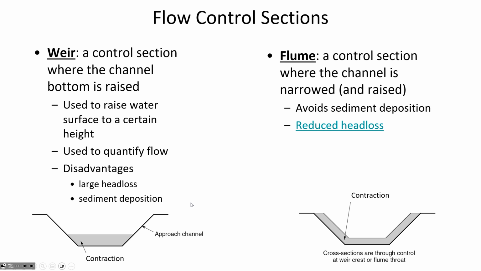But it avoids the sediment deposition because as the water's going through the contraction, the velocity generally increases, so there's no possibility of sediment settling down. It's not that the water is going slower through the contraction, it's actually going faster. And so from the standpoint of maintenance, they're a lot less work.